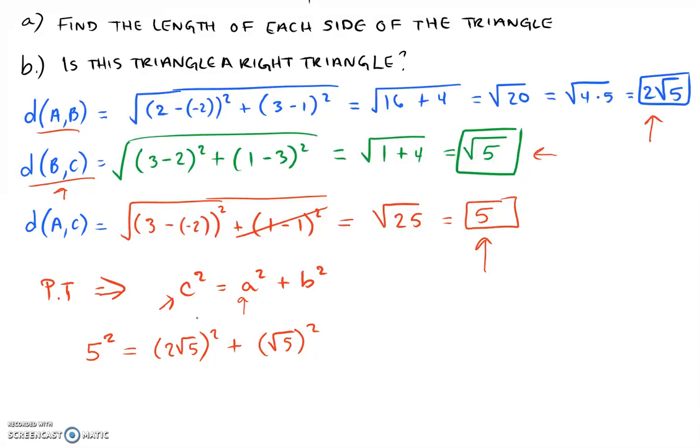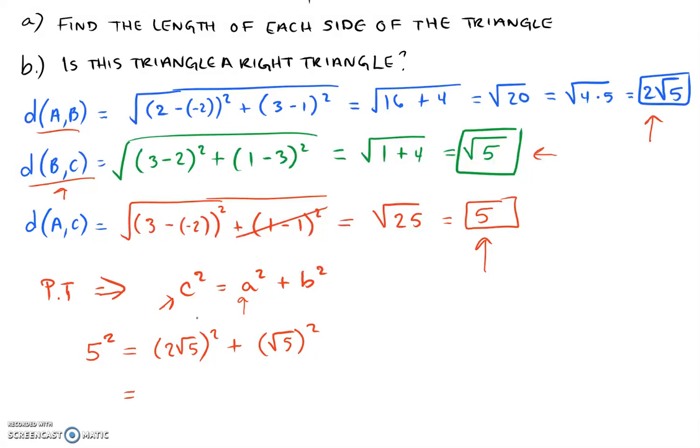So now what we've done is taken our values and plugged them into the Pythagorean theorem, and if we are able to get both sides to be the same value, that gives us our check, and it lets us know that this triangle indeed is a right triangle.